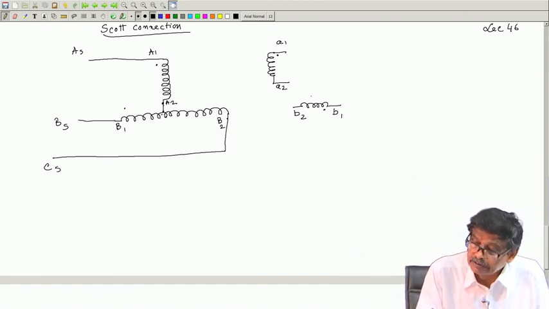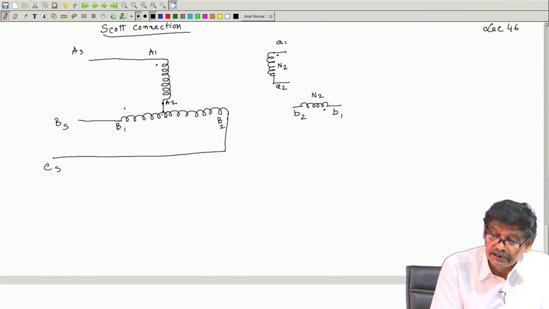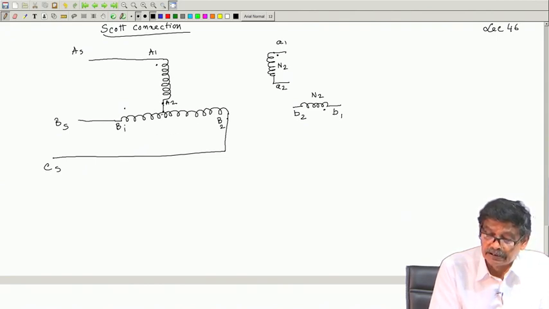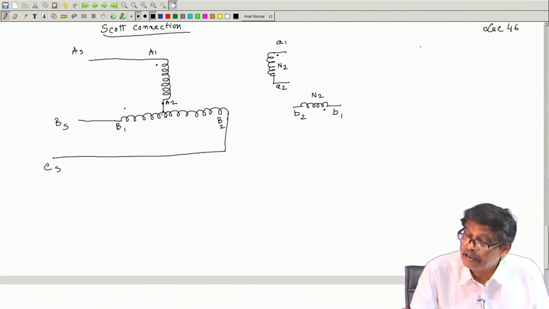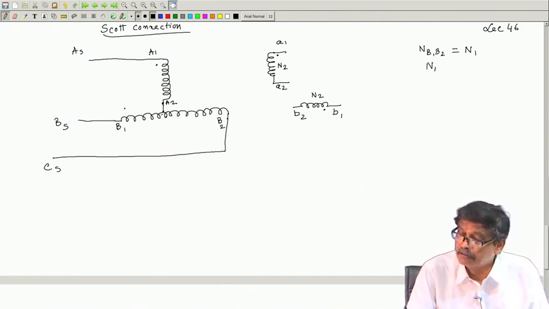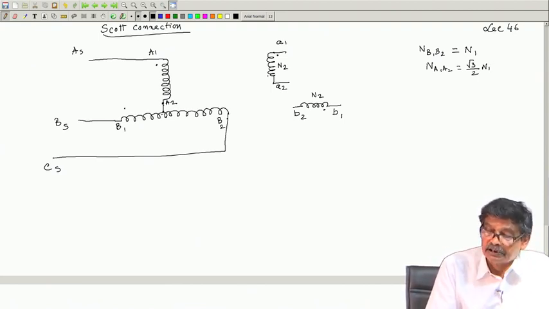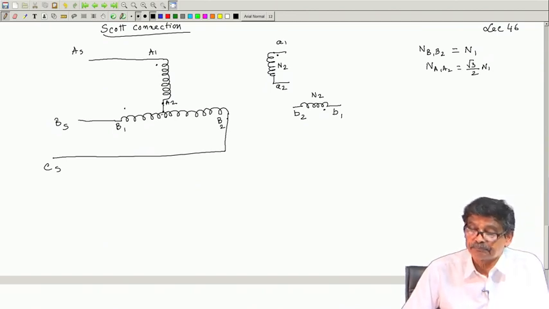What is the thing we discussed? The number of turns of the secondaries are the same, and if the primary number of turns of the B transformer, that is the turns in B1 B2, is N1, then the number of turns of A1 A2 should be root 3 by 2 into N1, so that the voltage per turn in both the transformers becomes the same.